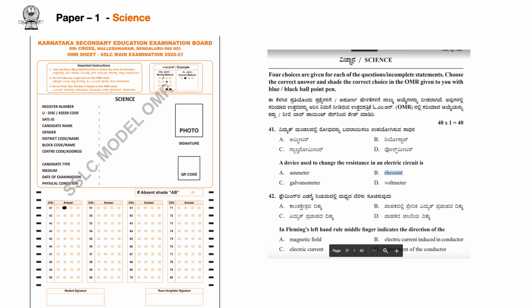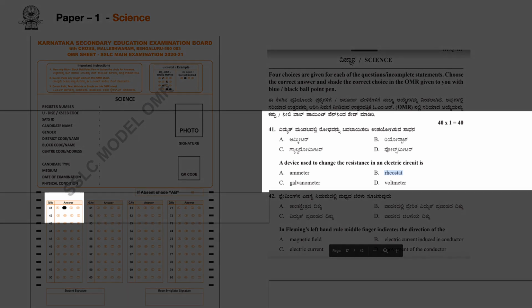For example, a device used to change the resistance in an electric circuit is rheostat, which is B. So we need to make sure that we mark 41 because the question number is 41 and the answer is B. And the same continues for social, which will start from 81 to 120. Always keep in mind the question number you are answering, and in the answer sheet, that is the number where you will have to mark the right answer.